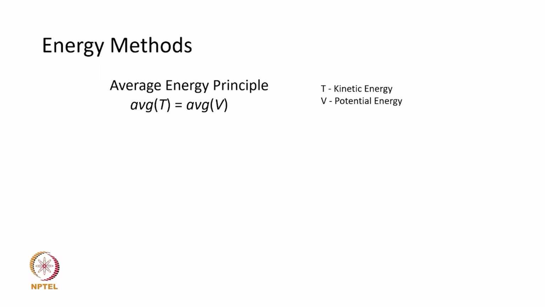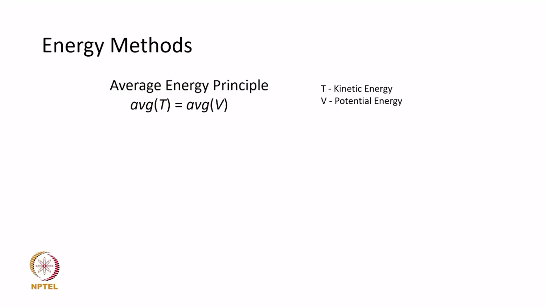For an oscillating system this applies, that average kinetic energy is equal to average potential energy. You can imagine a simple oscillating pendulum. You can find out the average kinetic energy of the pendulum in a cycle and the average potential energy. If you equate them, you will get the governing equation of motion.